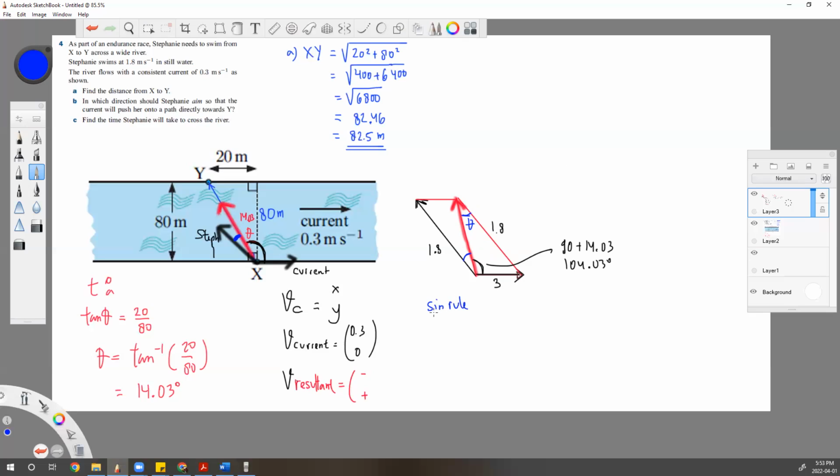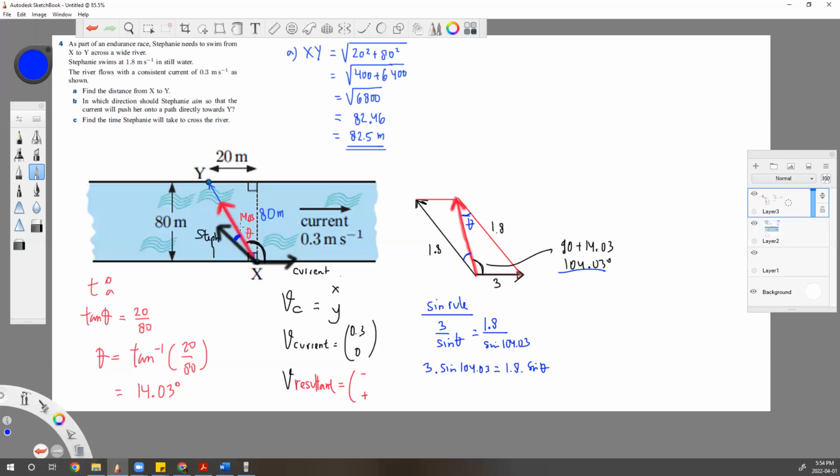The sine rule says that 3 over sine theta equals 1.8 over sine 104.03. This is 1.8 and this is 1.8 because it is a parallelogram. So you can cross multiply: 3 times sine 104.03 equals 1.8 times sine theta.